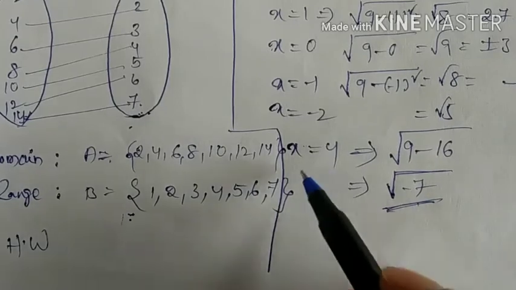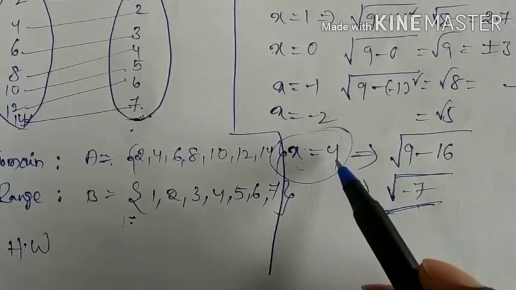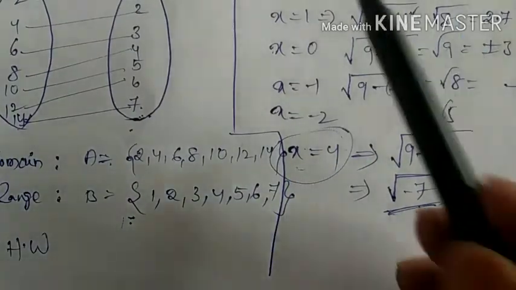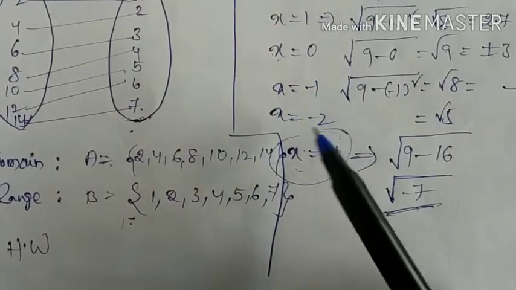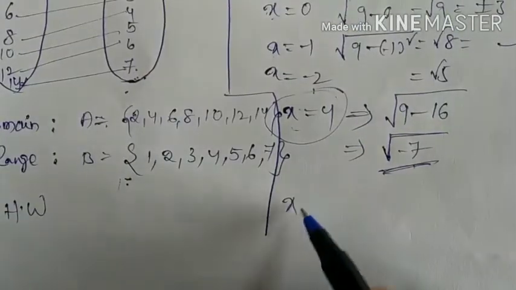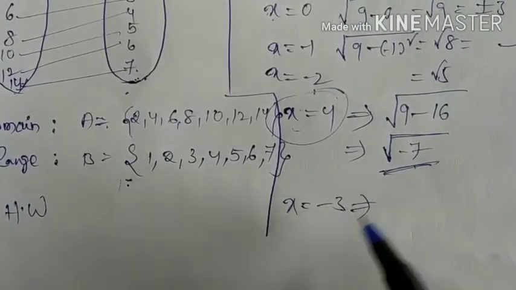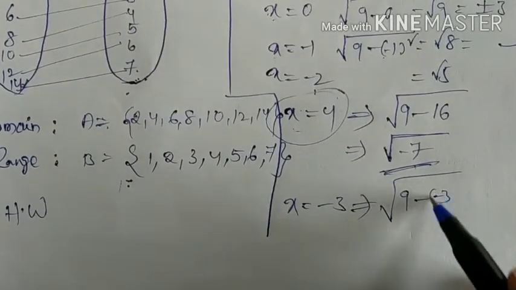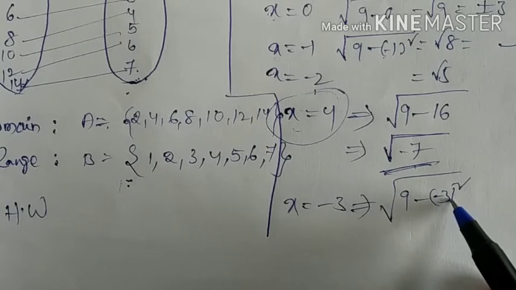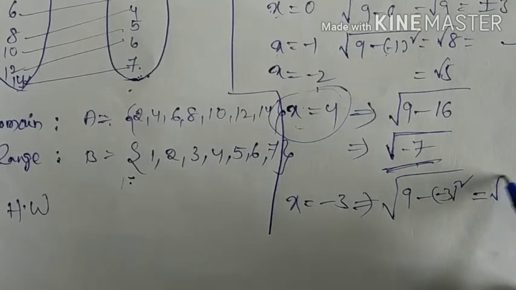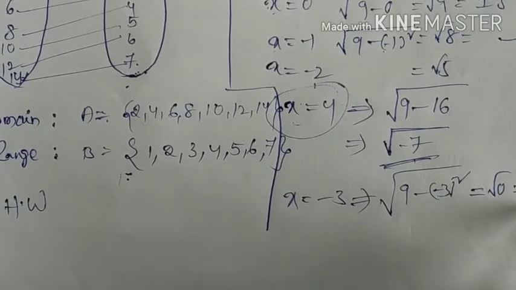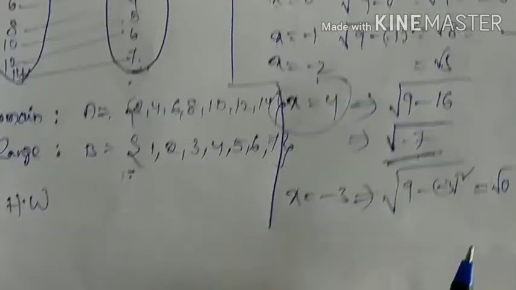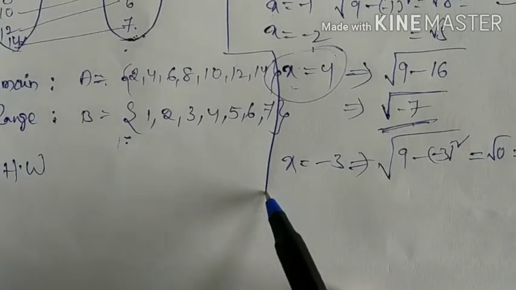So that's why you don't consider x equal to 4. You have to take these values only, right? Suppose you take x equal to minus 3, then it will also be defined: 9 minus 3 whole square means 9 minus 9 is 0, then root 0 is 0 only. Clear? So here, what are the possible x values?